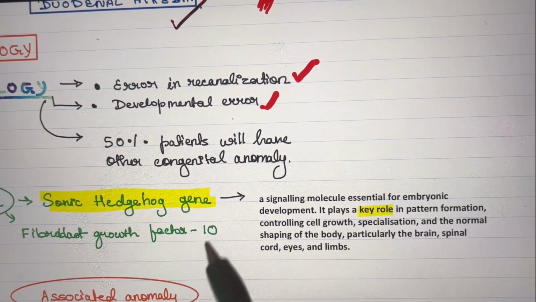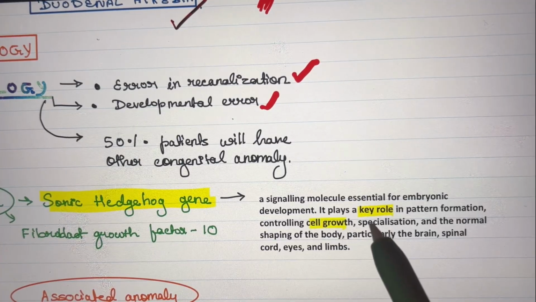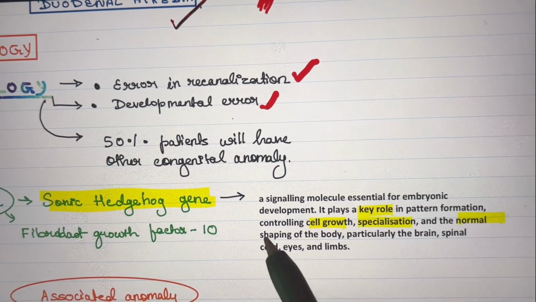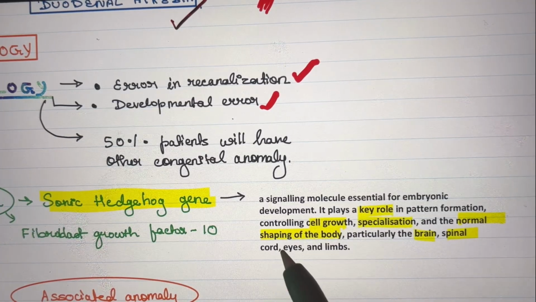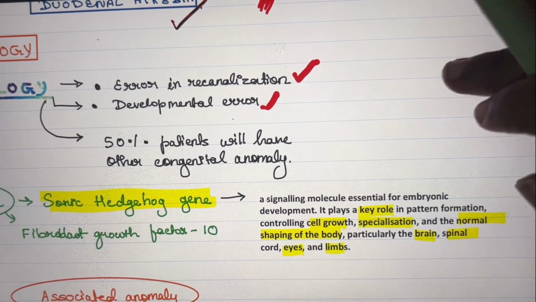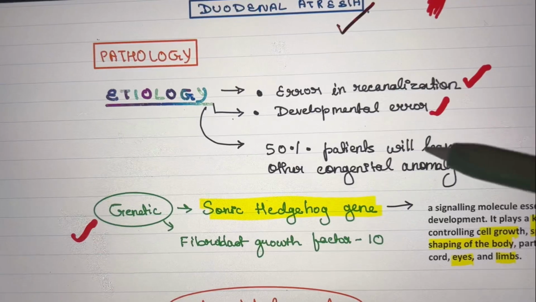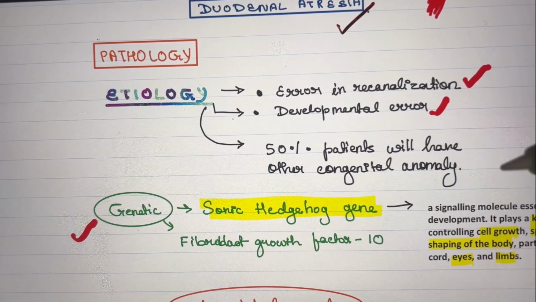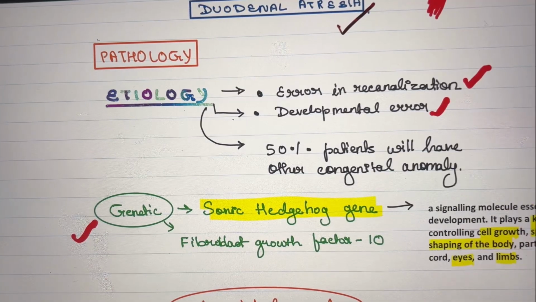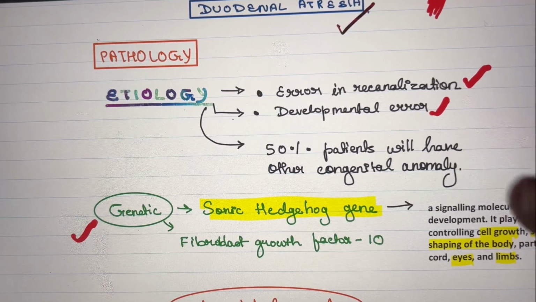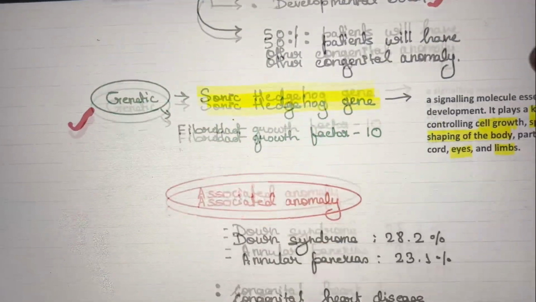It is very important for cell growth, specialization and normal shaping of the body, particularly brain, spinal cord, eyes, limbs, gut. If there is an abnormality in this gene, there might be duodenal atresia. So remember this is a signaling molecule gene. And there might be fibroblast growth factor 10 deficiency, which will also cause duodenal atresia.